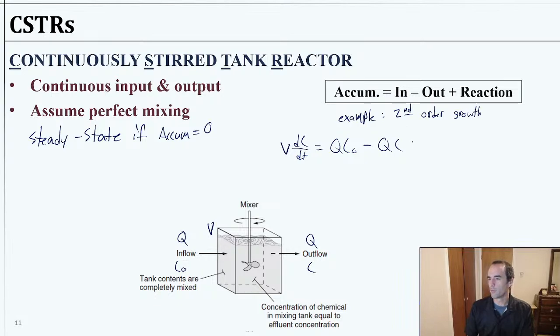Since our other term is a growth term, we're going to have plus V times some rate constant K times C to the second power here. But when we think about C, it's going to be the C inside here.